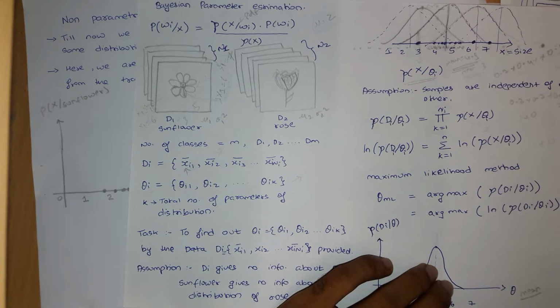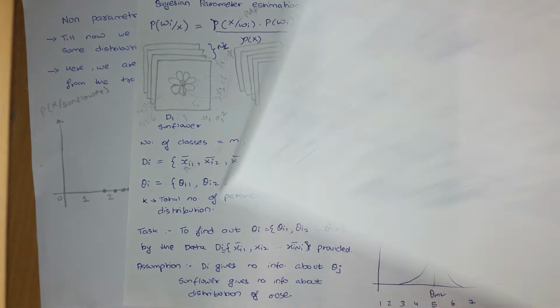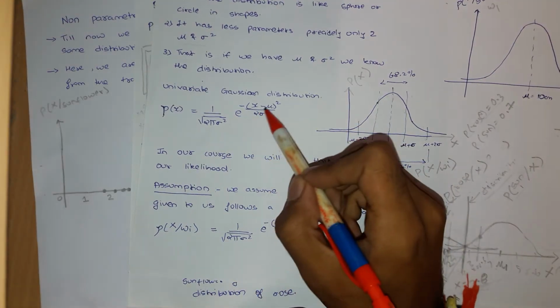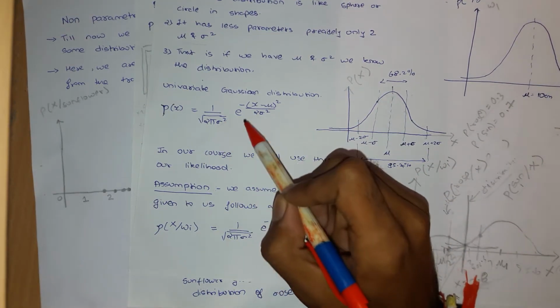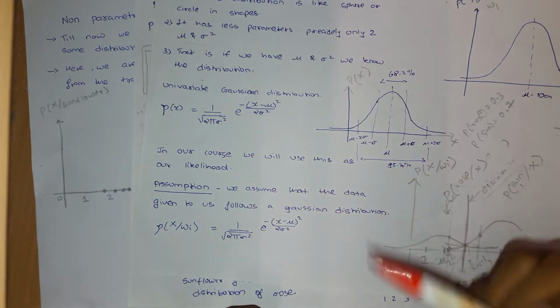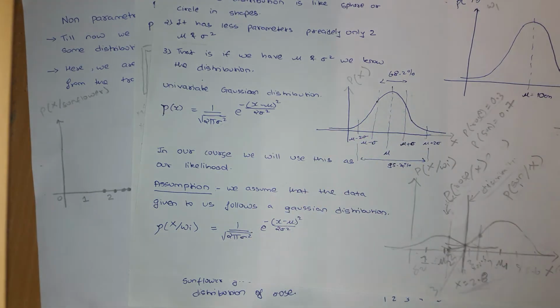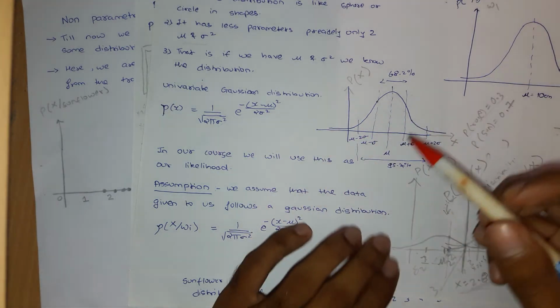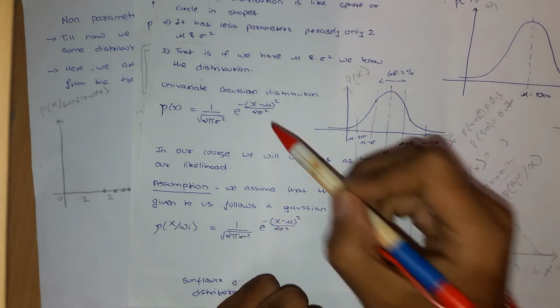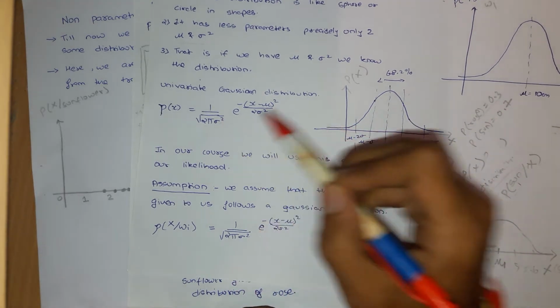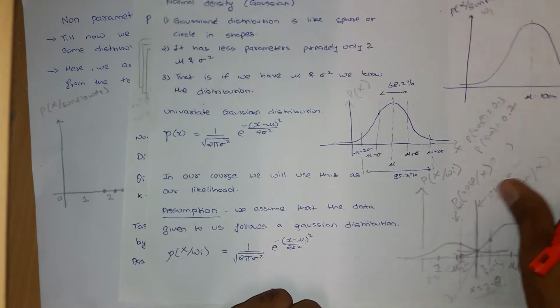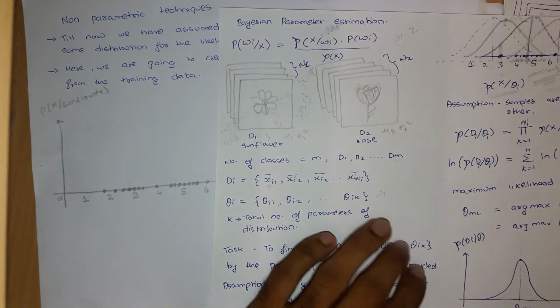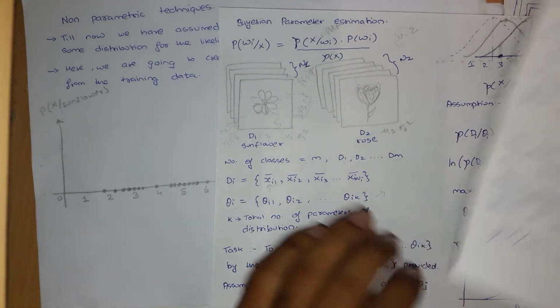Like the Gaussian has these two parameters, mu and sigma. The mu and sigma will decide the whole distribution. So if we assume the likelihood to be a distribution, we just need to calculate its parameters and we are done. Hence that was a parametric estimation because we had to estimate just the parameters.